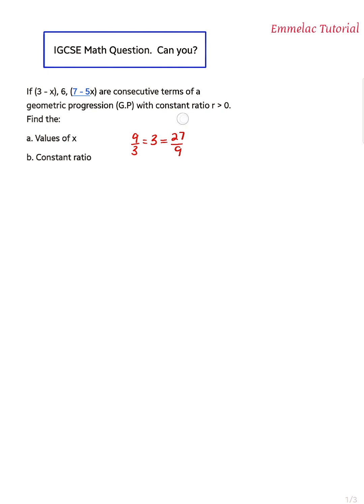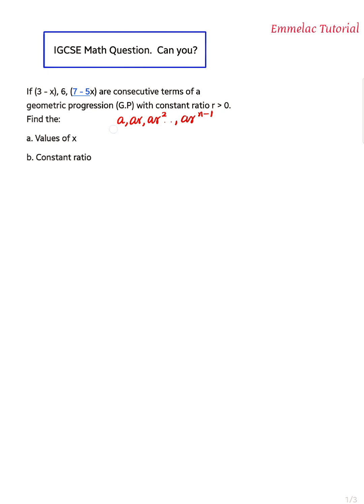It has a formula where a is the first term, ar is the second term, ar raised to 2 is the third term, which also leads to ar raised to n minus 1, which is the last term or the nth term, where n is the number of terms in the series.